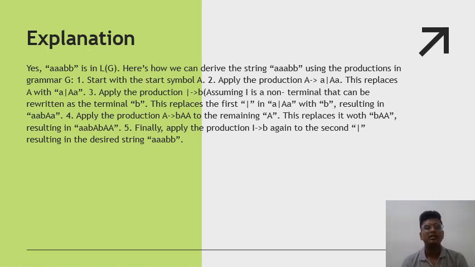Step 1: start with the start symbol A. To apply the production rules, A tends to A union, capital A and small a. This replaces A with small a union capital A and small a.